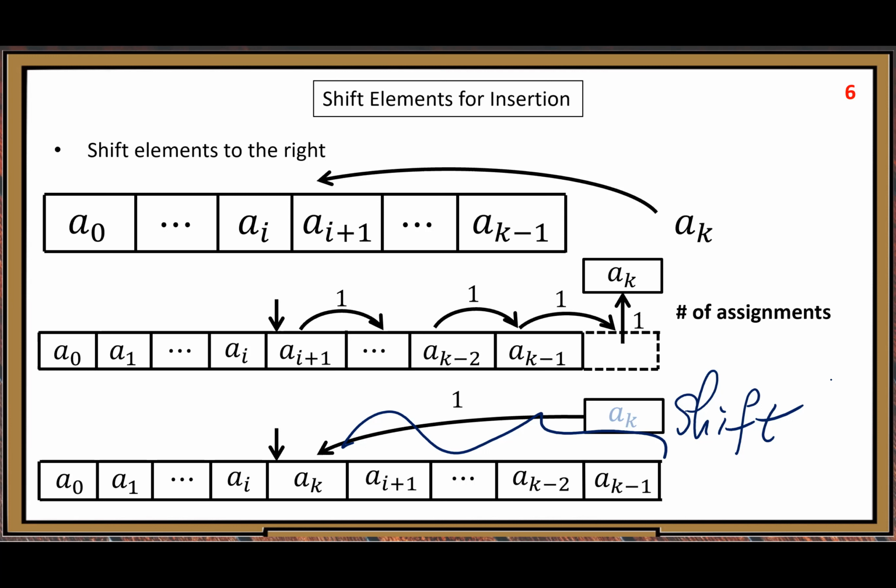Here, let us count the number of assignments, because when you do the copy, you make the shift. That is the assignment operation, variable value assignment. It is big theta of k, because you have best case and worst case.